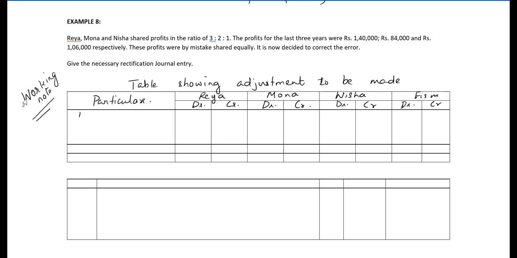So we'll reverse the profits. And we'll reverse the profits in the wrong ratio, which is 1:1:1. We'll add up everything together and reverse it.